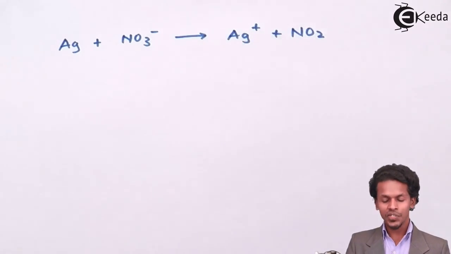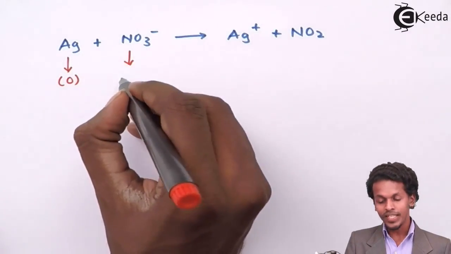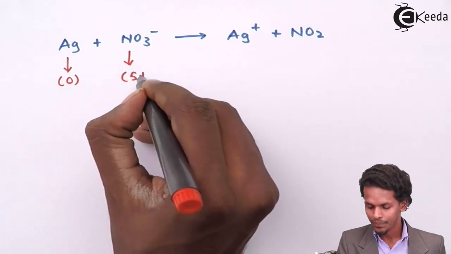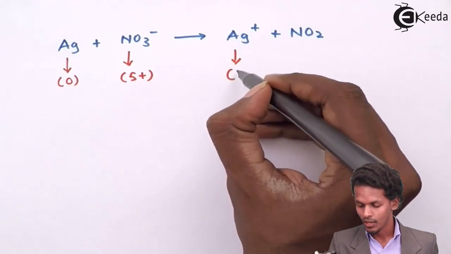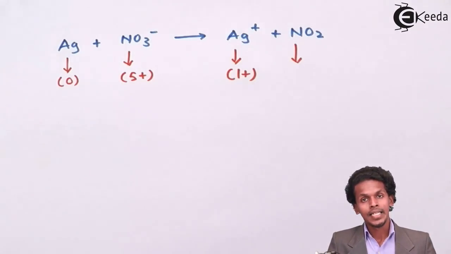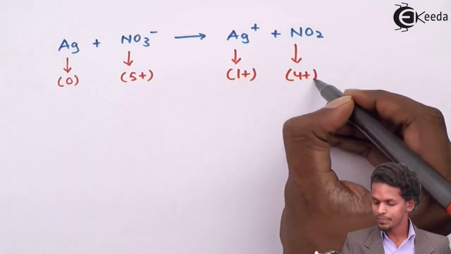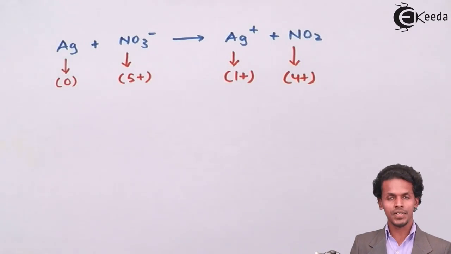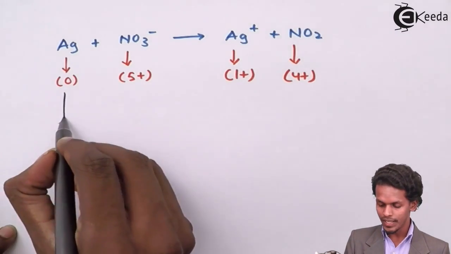The oxidation number of Ag was found to be 0, while that of nitrogen in NO3 minus was found to be plus 5. For Ag plus, the oxidation number is 1 plus, while in NO2, the oxidation number of nitrogen is 4 plus. So we are going to compare the oxidation numbers of the atoms.